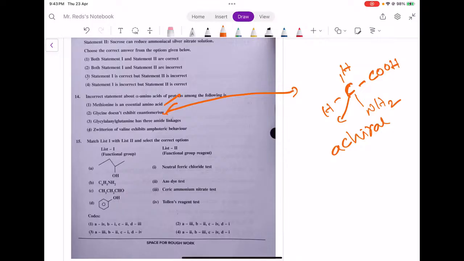Next, option 3: glycyl alanyl glutamine has 3 amide linkages. The first one is glycine, the next is alanine, the next is glutamine.